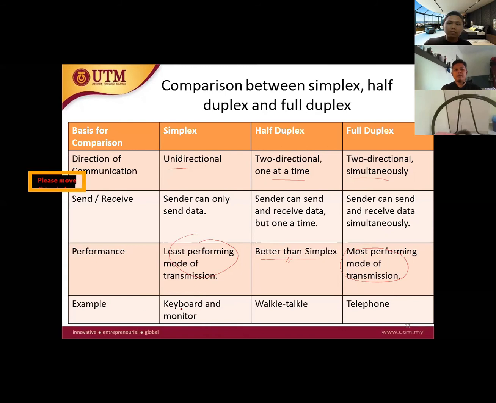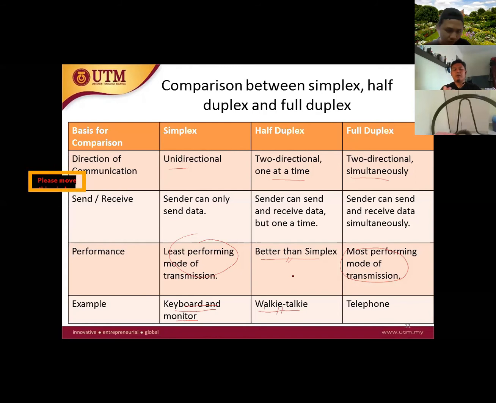An example of simplex is keyboard and monitor. The monitor will not talk back to your keyboard, except for a very advanced keyboard that has user feedback. So that's different. Half duplex is a walkie-talkie.